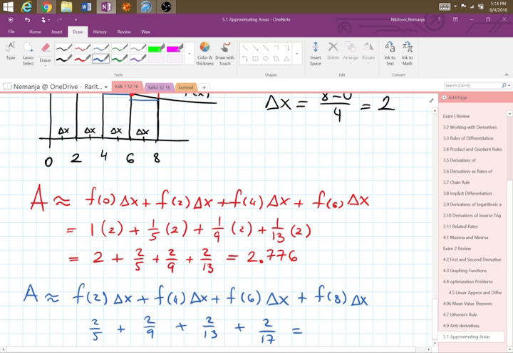Now what I'm going to do is use the previous calculation. I'm going to take off 2 because that was f of 0, and I'm going to add 2/17.